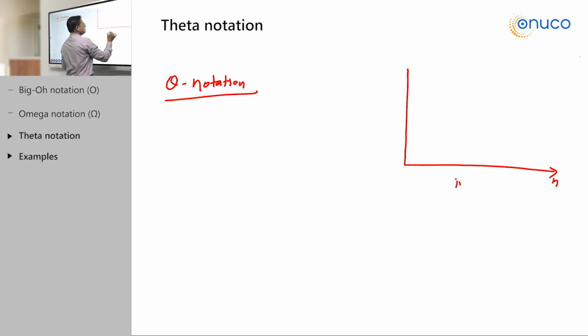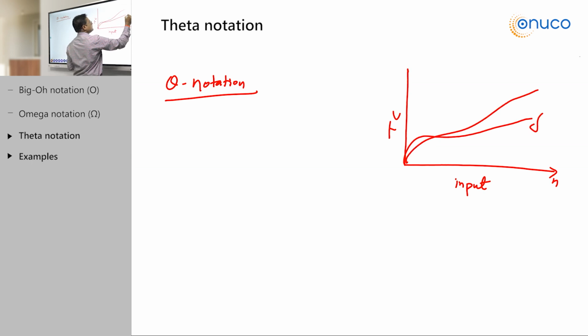So n is the input, and this is the time complexity. Say here we have a function f of n. This is g of n.